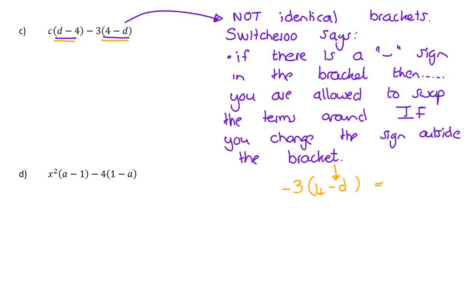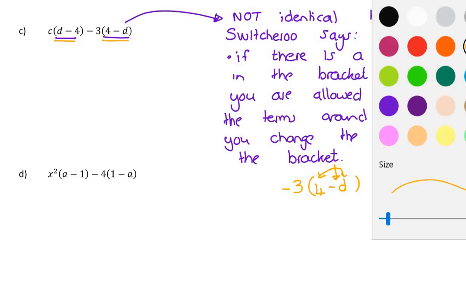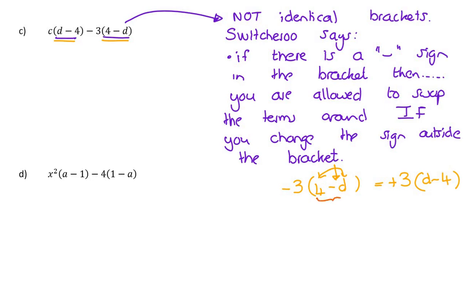So what they're saying is you are allowed to just swap these round and get d minus 4 as long as you change the sign outside the bracket. So if I write myself a note here, this swaps around as long as I change the sign. Because effectively what we're actually doing is factorizing out a -1.